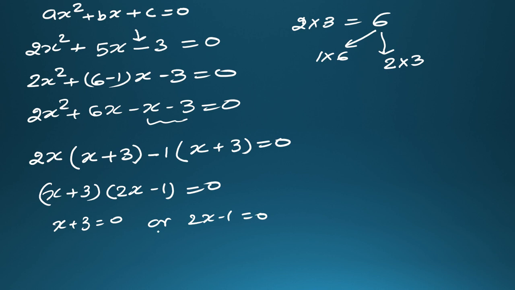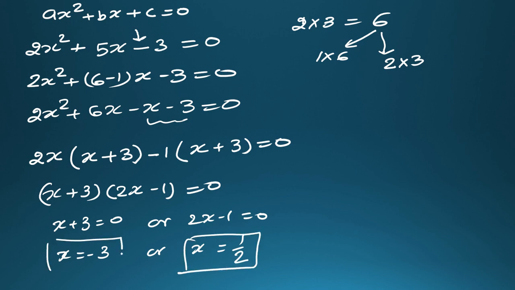Why is it so? Because the multiplication of two numbers can be equal to 0 when at least one of them is equal to 0. So either x will be equal to minus 3 or x will be equal to 1 over 2. This is the step when you have to solve the quadratic equation. But if you have to factorize it, then only up to the previous step will be the answer.